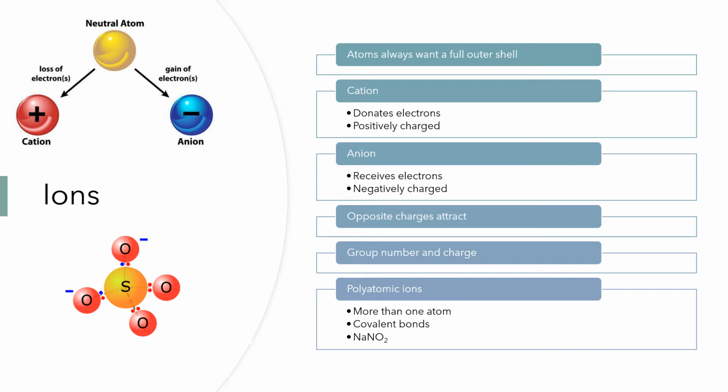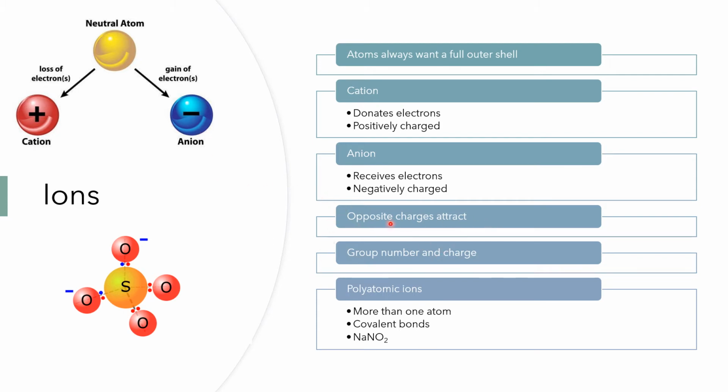A positively charged ion, a positively charged atom, is called a cation. These are the ones that are donating electrons. They give up an electron, they become positively charged. Those are cations. Anions are the opposite. These are the ones that become negatively charged. They gain electrons. They pick up electrons in order to become negatively charged and fill their outermost shell.